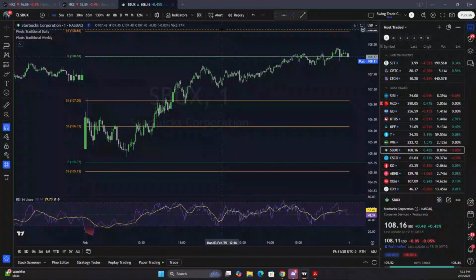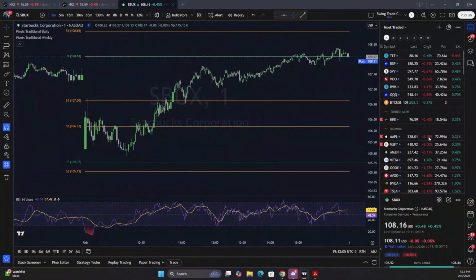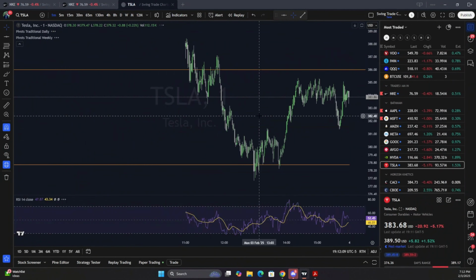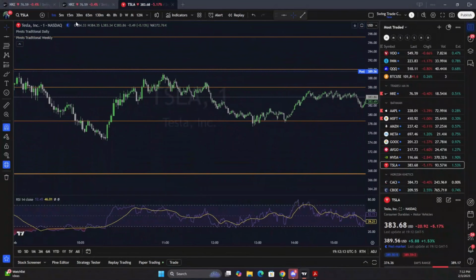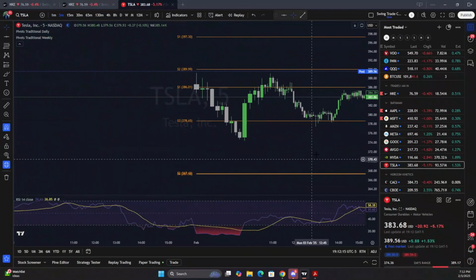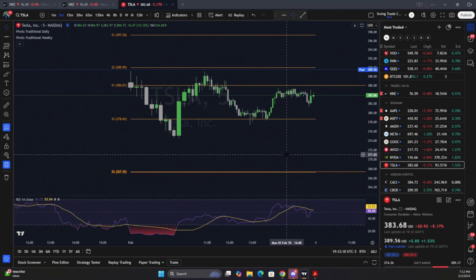I have no explanation on it. I just wanted to trade Tesla and I'm like, let me try these pivot points on there. It used to follow pretty well, actually, I remember. It used to do really well with pivot points, because it used to be very institutionally traded a while back compared to now.